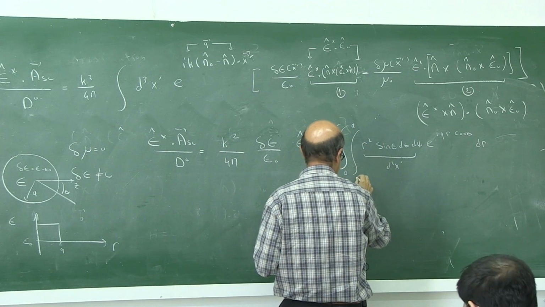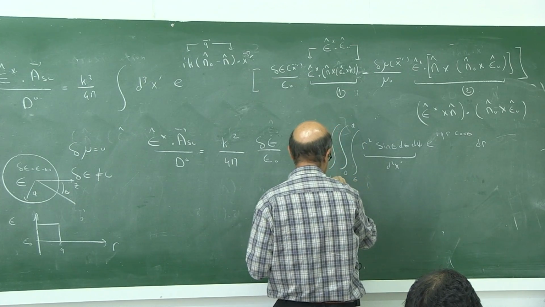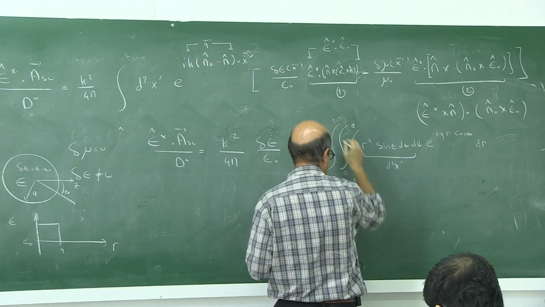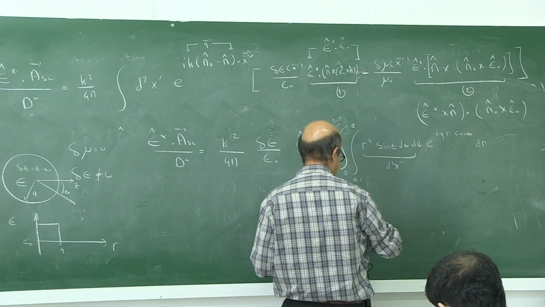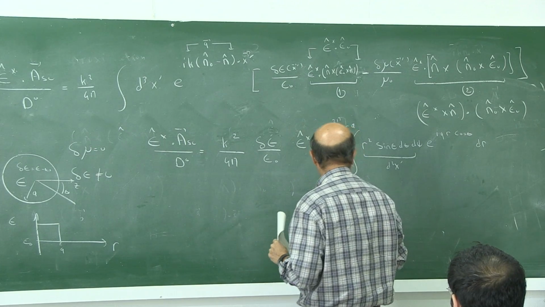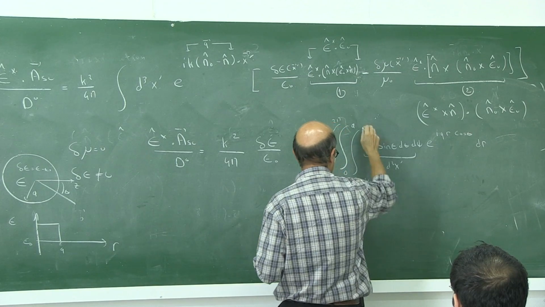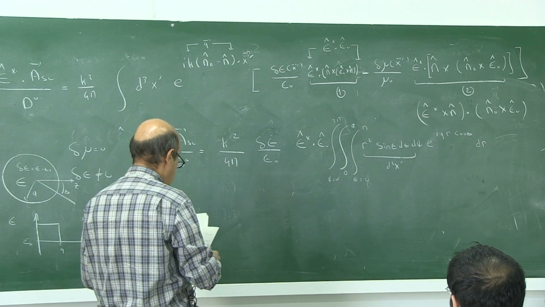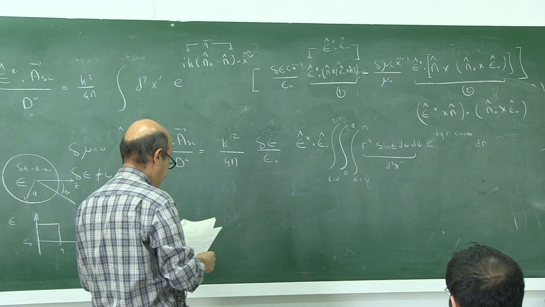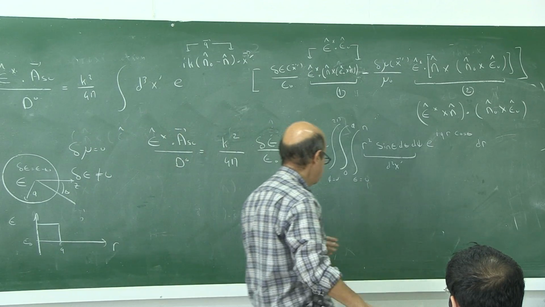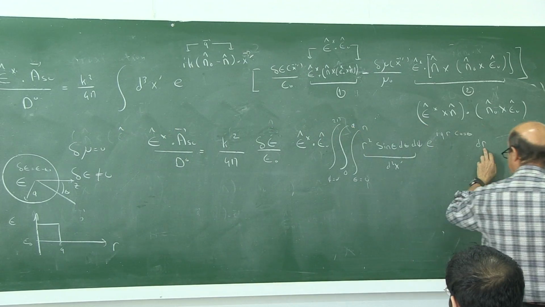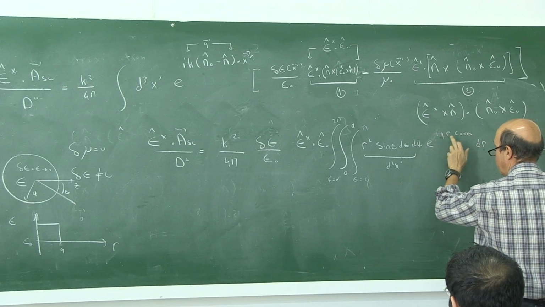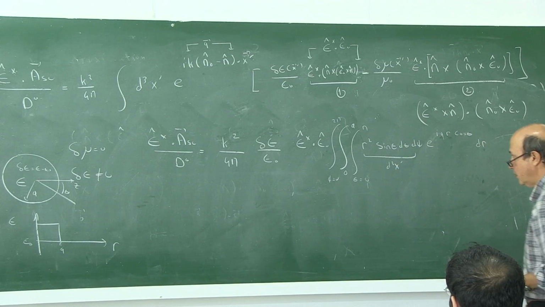So theta and phi. Phi goes 0 to 2 pi, theta goes from where to where? 0 to pi. So I am not going to take this integral. If you take the integral, obviously r goes to a, so you have some qa terms and angular terms.